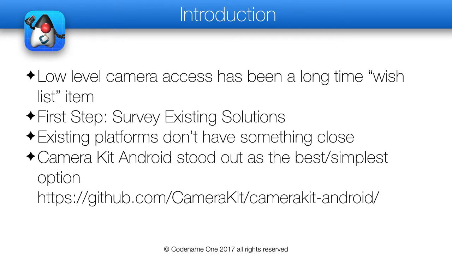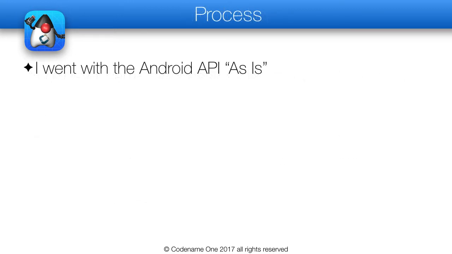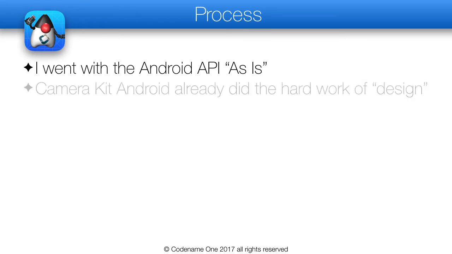I didn't want to use the native Android API as is, and started checking for options. Two open source camera APIs stood out, and CameraKit Android looked like the best option. Normally, this is the place where I would go over the Android API and go over the iOS API and try to find common ground. Instead, I chose to skip that and just write the Android implementation, then think about the iOS implementation after the fact.